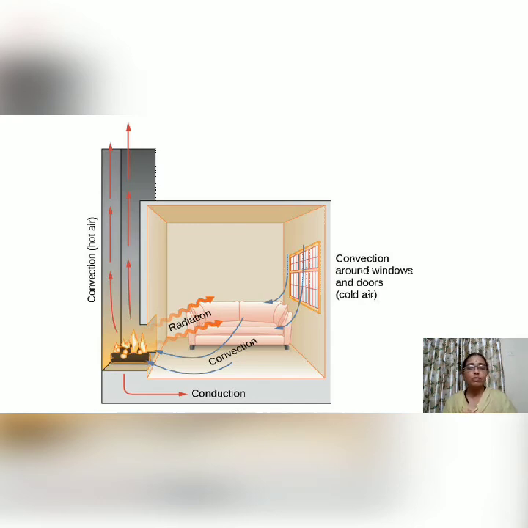Wood is burnt there, and the heat radiates and is absorbed by the air. When you sit by a campfire, people sit beside the fire and feel very warm. Why? Because the heat is radiated and absorbed into the surrounding air. That is called radiation.